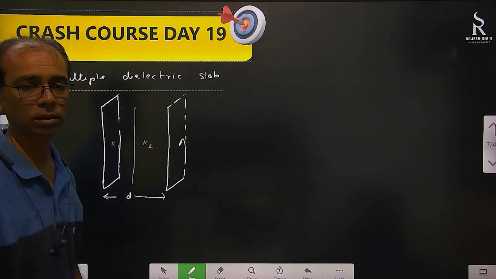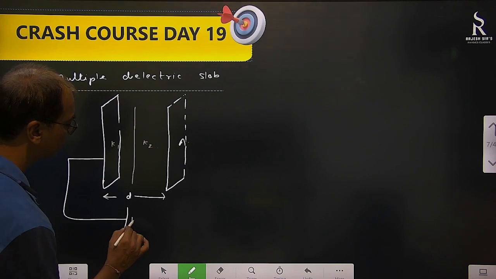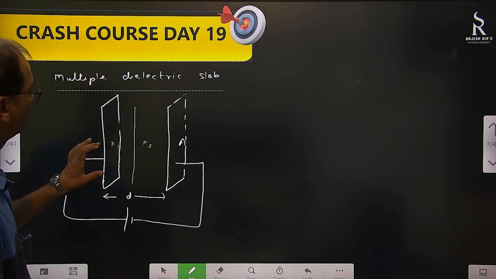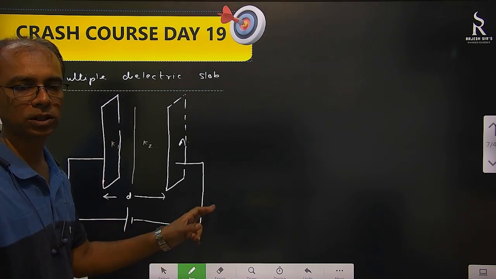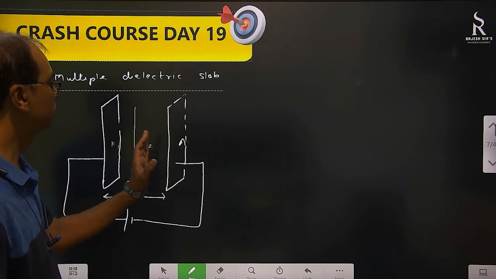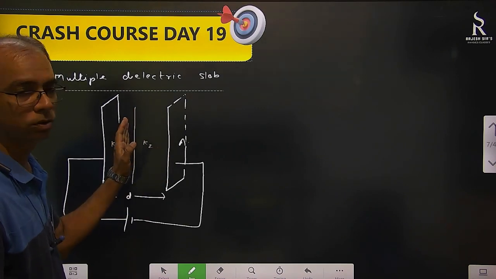How they are connected then? This is connected through a battery in this way. So from here you are taking some charge which is going in this one. Then that charge is given to this. So this is positive, this is negative. What about this? Because of this negative, it is going to repel electrons.